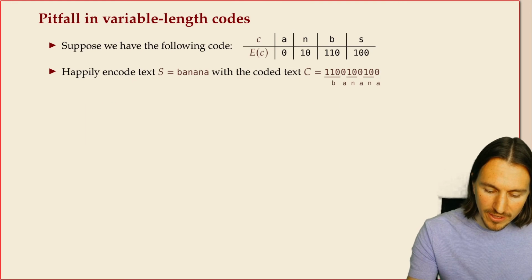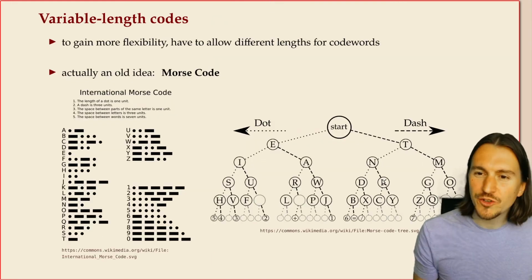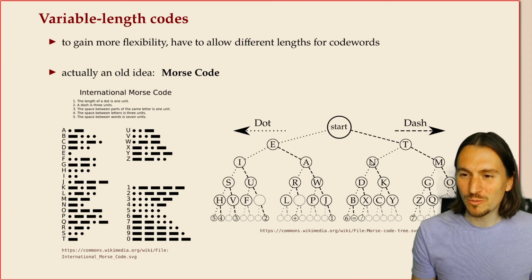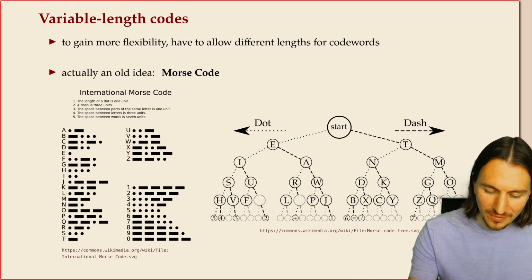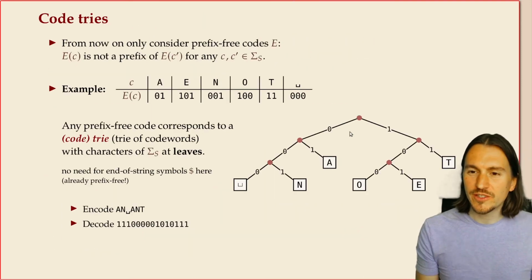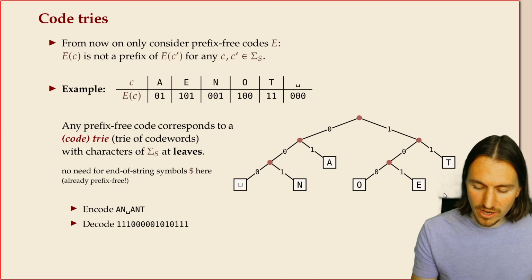If we end up like in the Morse code with internal nodes representing characters, then we have a problem. Then we would either need an end of code word character like in Morse code, or we're in deep trouble. So it's good to think of prefix-free codes, the character codes that we like, as tries.